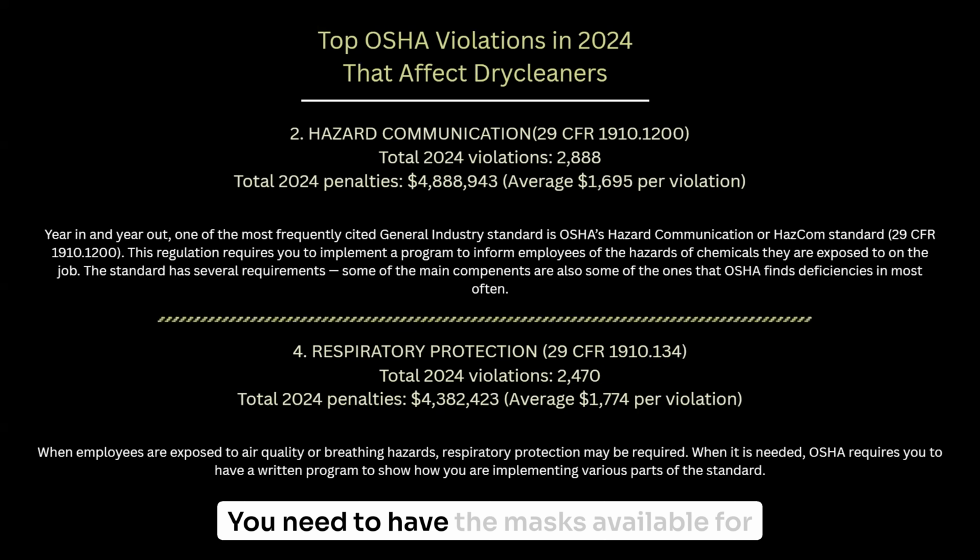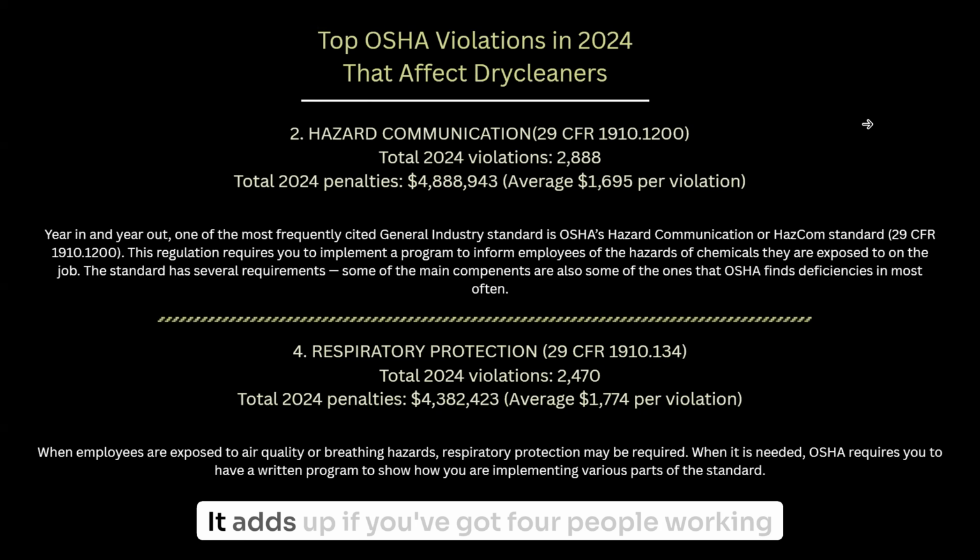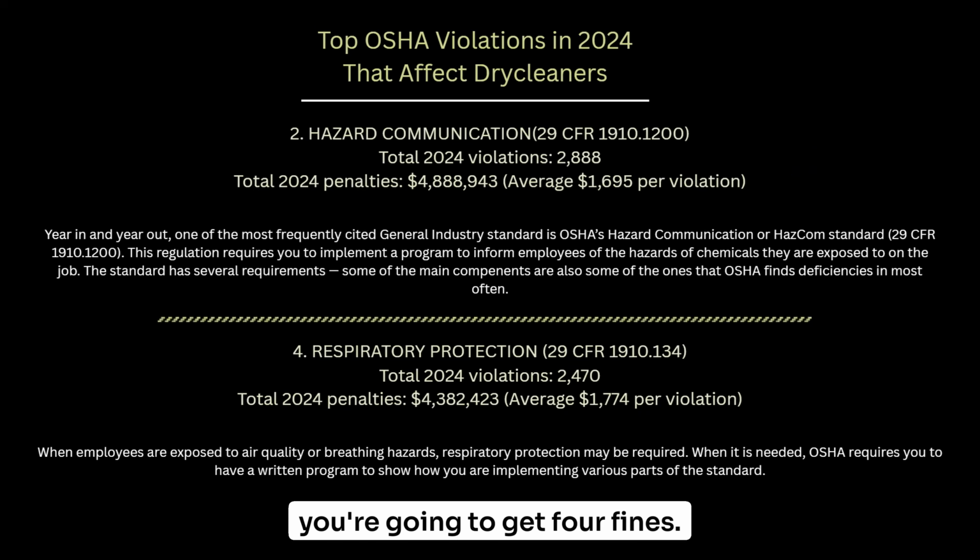You need to have the masks available for people. If you don't, and they are subjected to chemical inhalation, again, you're going to get a fine, and it adds up. If you've got 4 people working in a particular area with those chemicals, you're going to get 4 fines. So be very careful with that one.